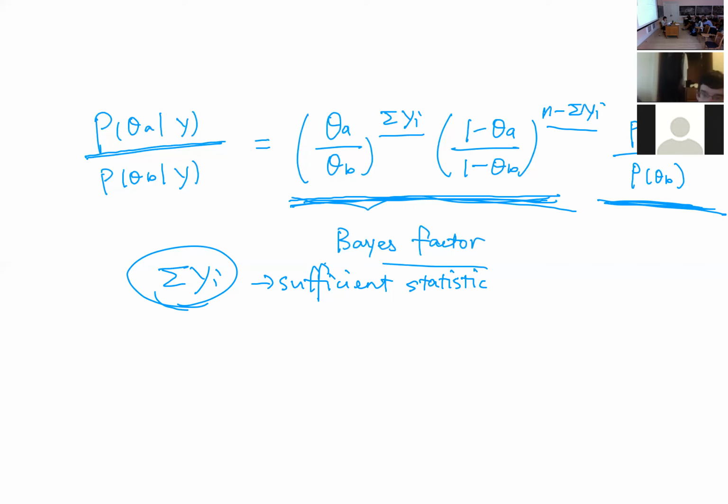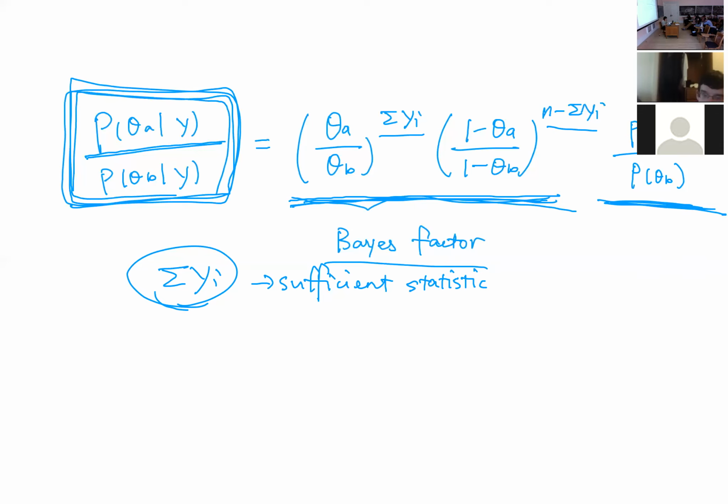So overall, try to see the motivation of doing this. We really have multiple hypotheses about the parameter, and we want to see how likely the posterior probability of each of the hypotheses will be after we see the data. For the beta binomial case, this is what you're going to do.